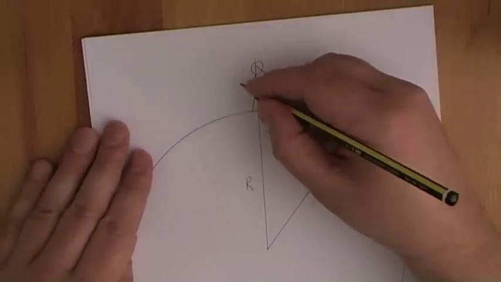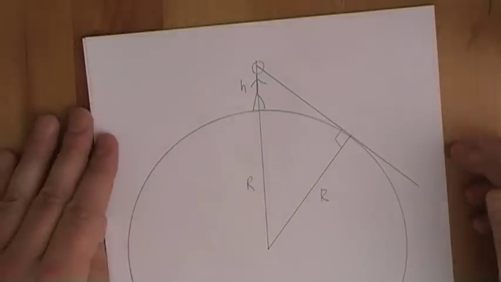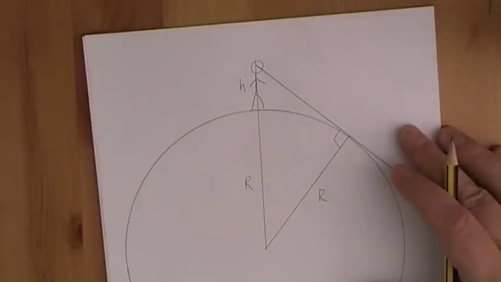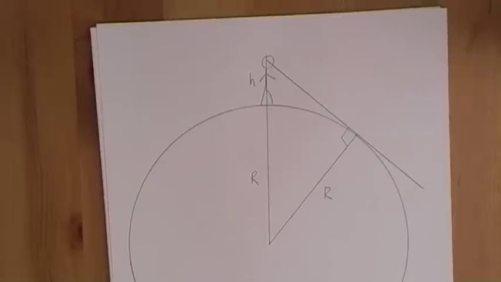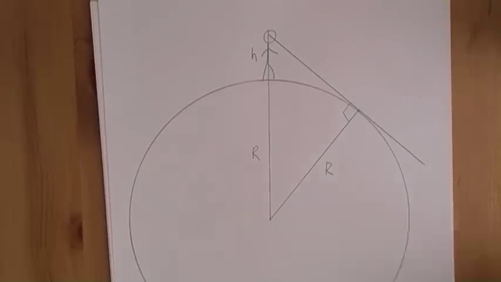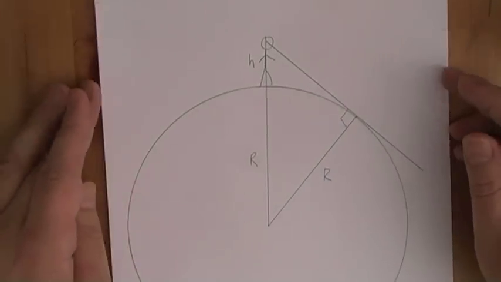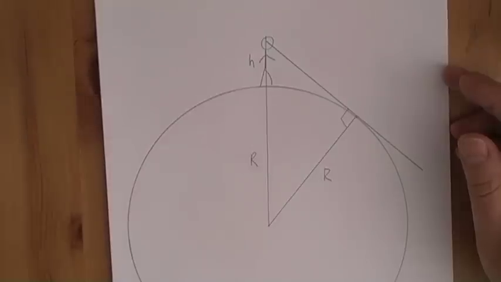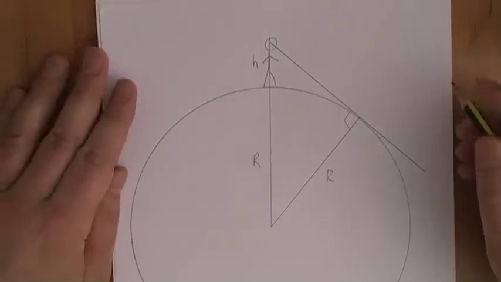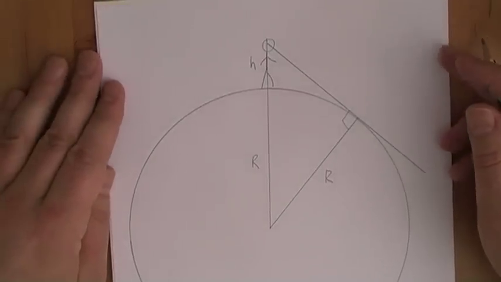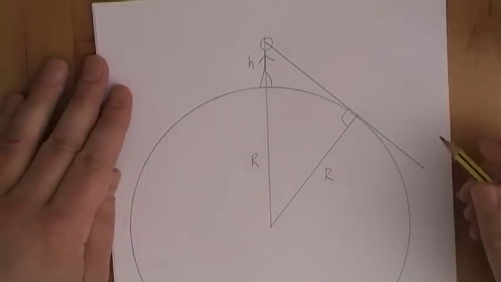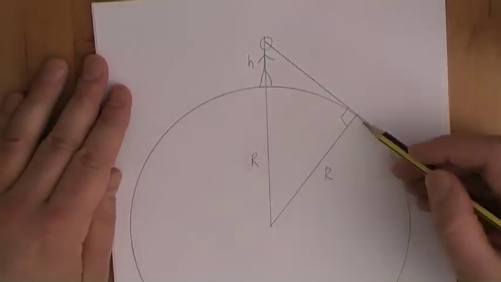Now, suppose we say that the person's height is h. Okay. Now, all I'm going to do here is use elementary school mathematics that you would learn when you're about 13 years old. It's nothing particularly complicated. Now, those of you that will remember your school mathematics will remember the theorem of Pythagoras, which is related to right-angled triangles.